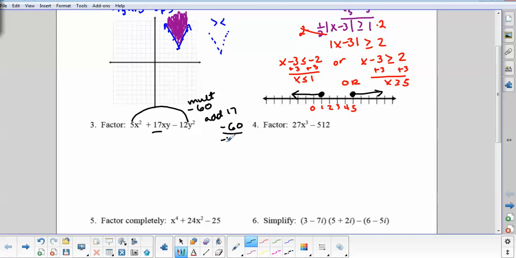Negative 1 times 60, negative 2 times 30, negative 3 times 20, and I could keep going, but I found the pair that adds to 17. So you're going to take your 17xy and split it into two pieces, -3, and because this has an xy, you have an xy, and then 20xy.